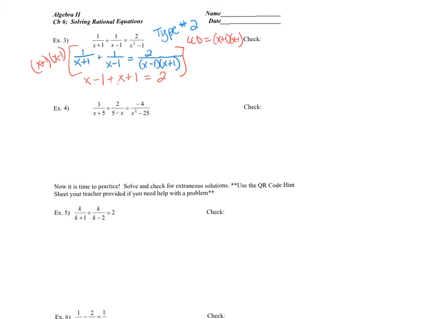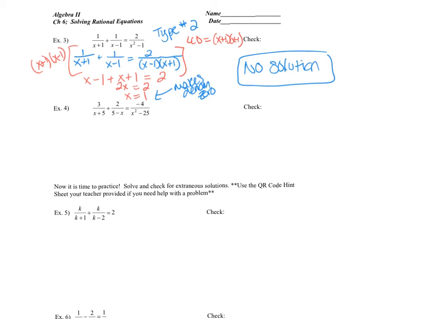So I end up getting 2x equals 2, x equals 1. If I think about checking that, 1 will make the denominator equal 0. So since this makes the denominator equal 0, my solution is actually no solution for this.